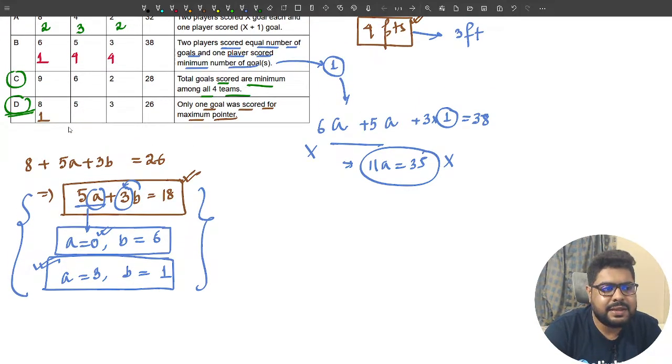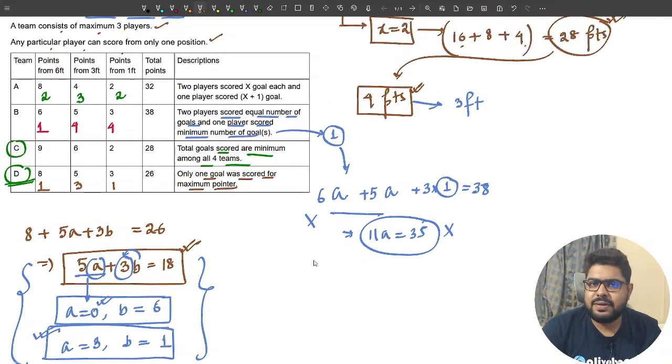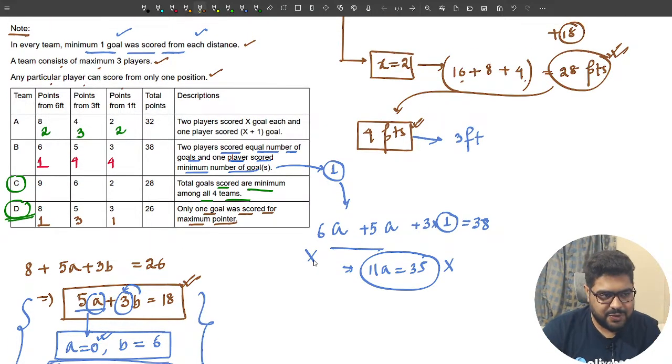Now what is the total number of goals scored here? 3 plus 2 is 5, plus 2 is 7. 4 plus 4 is 8, plus 1 is 9. 3 plus 2 is 5.